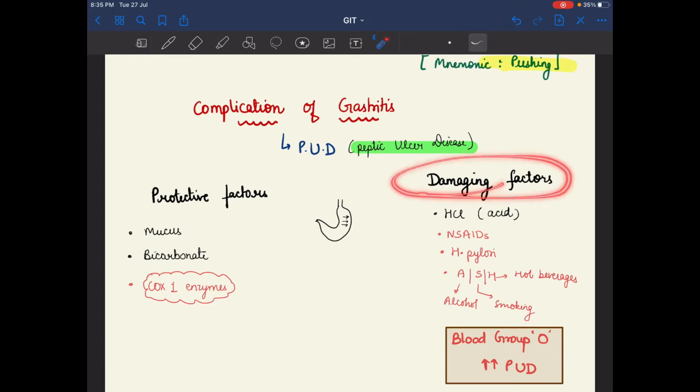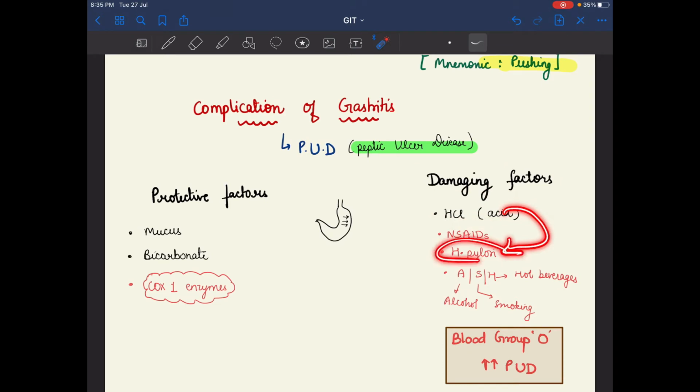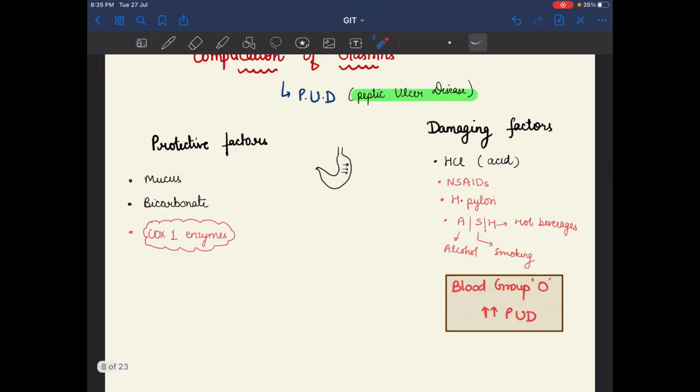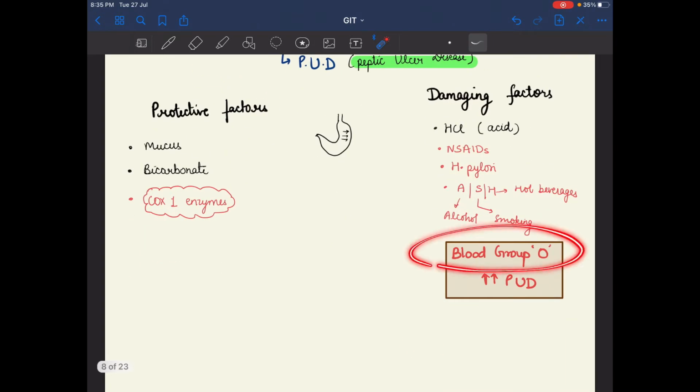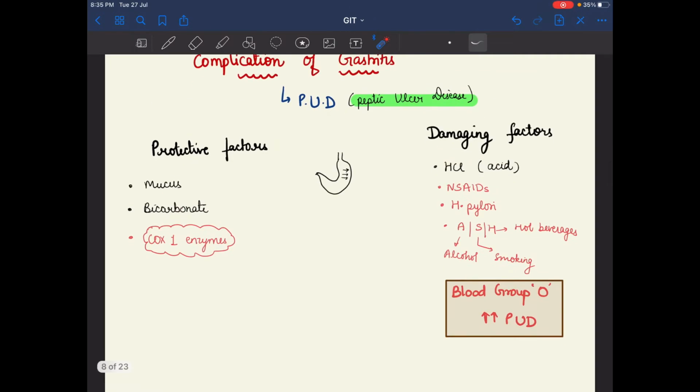Damaging factors include increased level of HCl, which is also due to H. pylori, NSAIDs, ASH meaning alcohol, smoking, and hot beverages, and blood group O. So a blood group O person also has a risk of peptic ulcer disease. These are the protective and damaging factors for peptic ulcer disease, and the complication of gastritis is peptic ulcer disease.